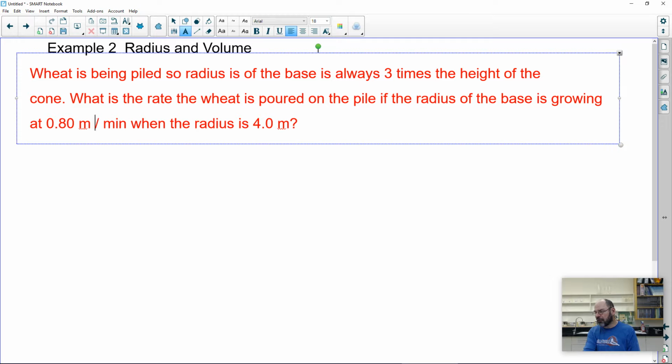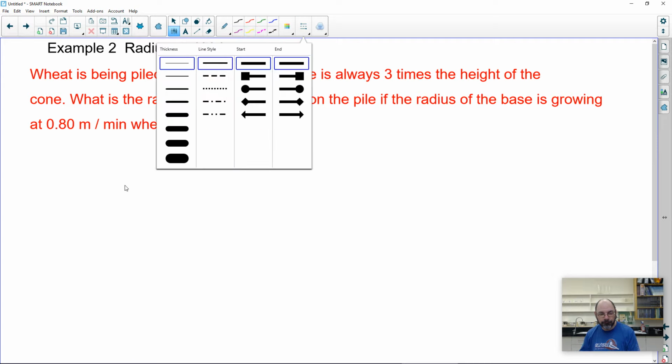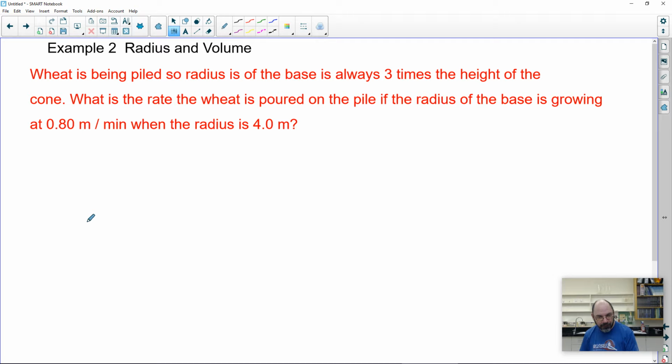So this time we're going to be eliminating the h. Okay, so let me draw my wheat pile here. Okay, so I've got my radius on the bottom here. Let's make it bigger so we can see a little better.